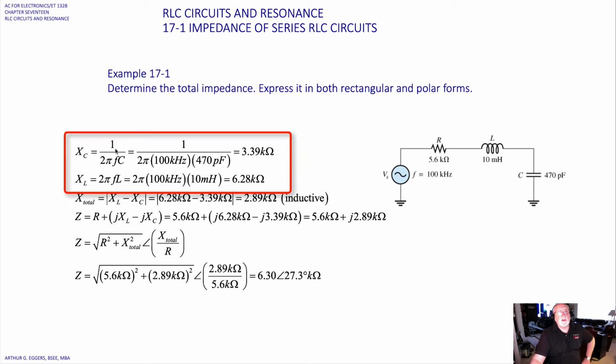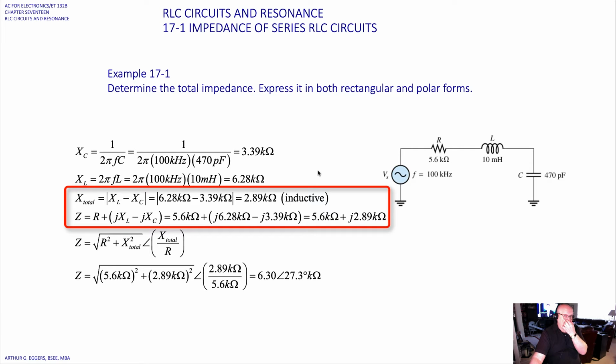So the first thing that we need to do is convert our capacitor and inductor into their reactive terms. So 1 over 2 pi f C gives us 3.39 k ohms for the capacitive reactance. 2 pi f L gives us 6.28 k ohms for the inductive reactance.